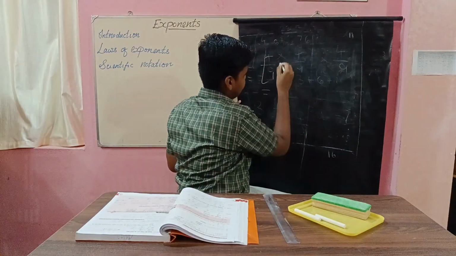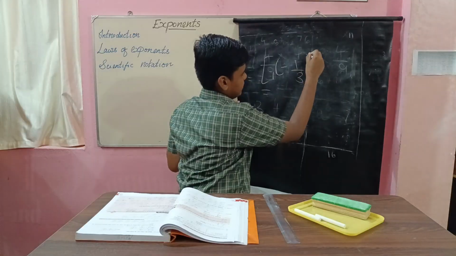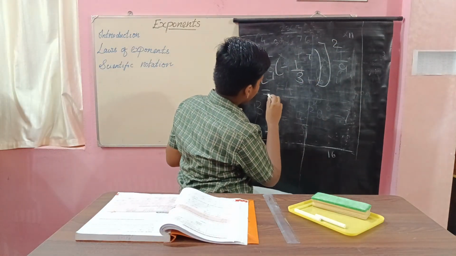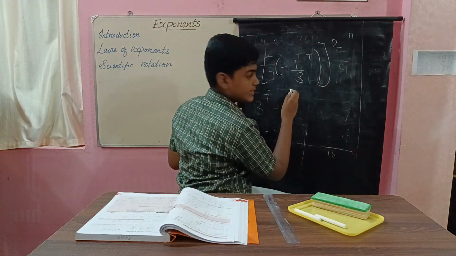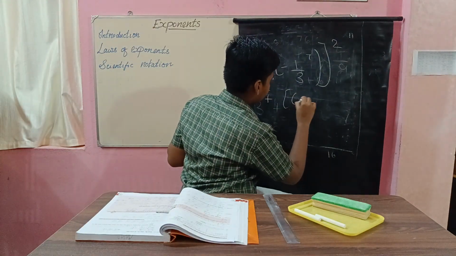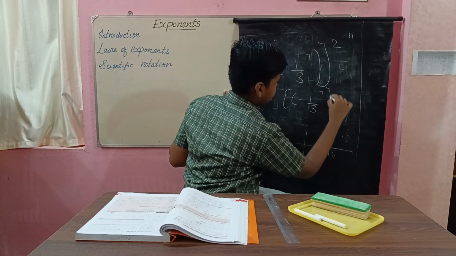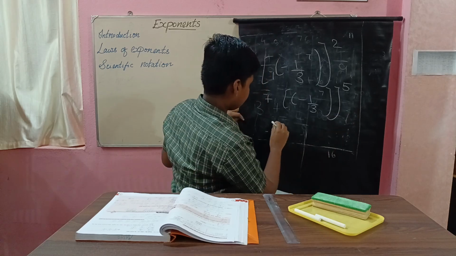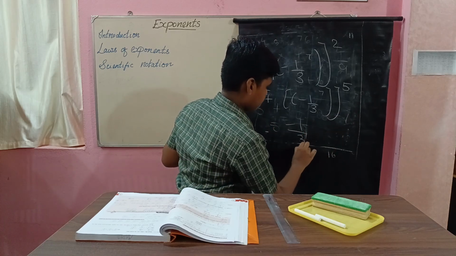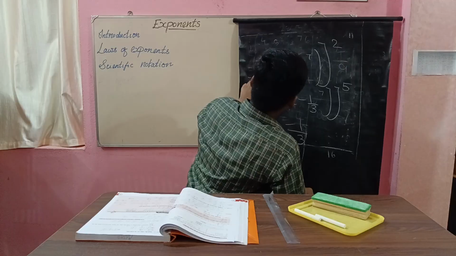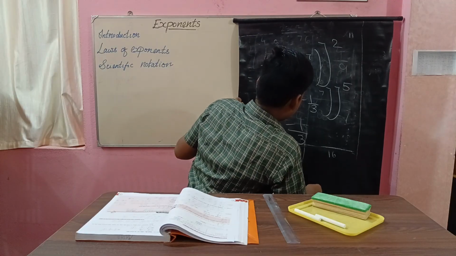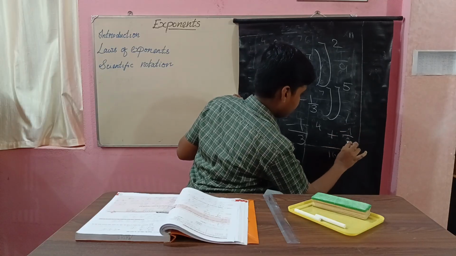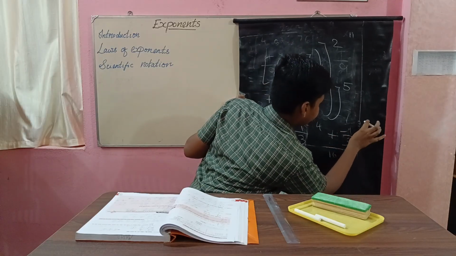Let's solve this problem. It's very tough one. Not tough, it's easy, but a bit. Minus 1 by 3 to the power of 7 to the power of 5. So the answer is minus 1 by 3 to the power of 14 plus minus 1 by 3 to the power of 35.